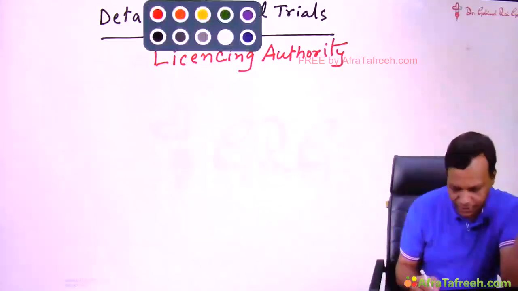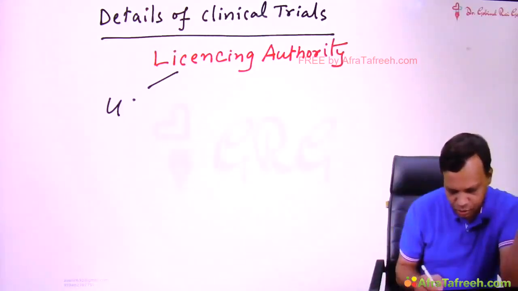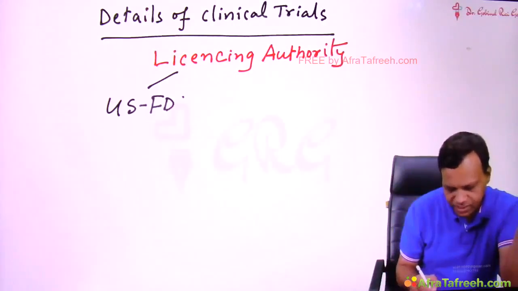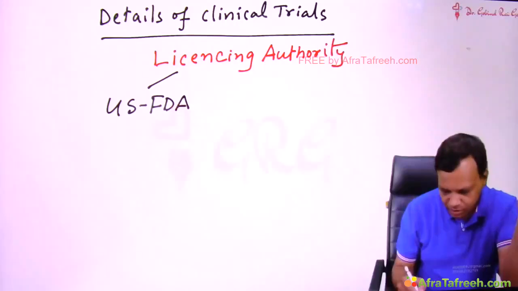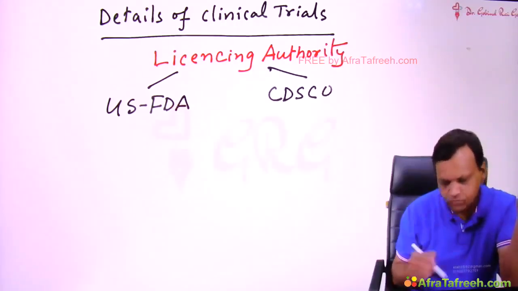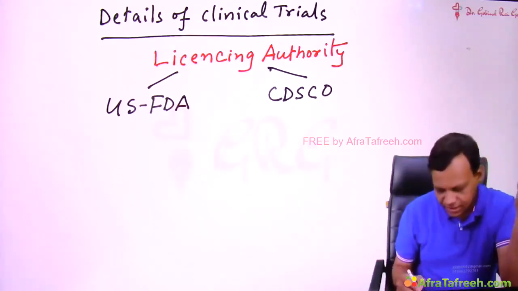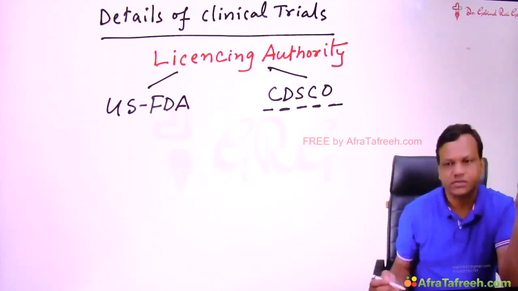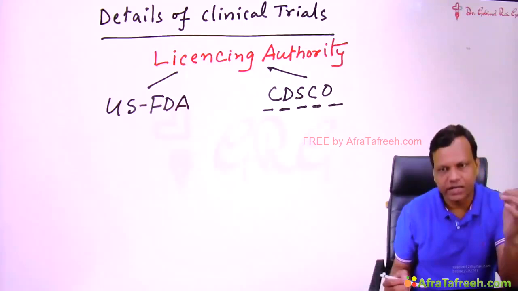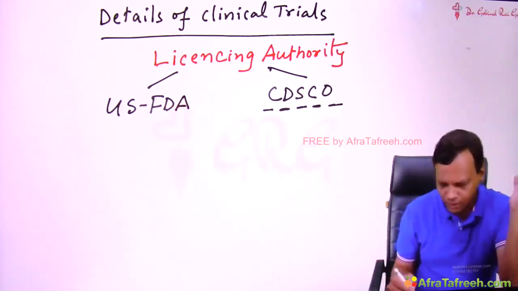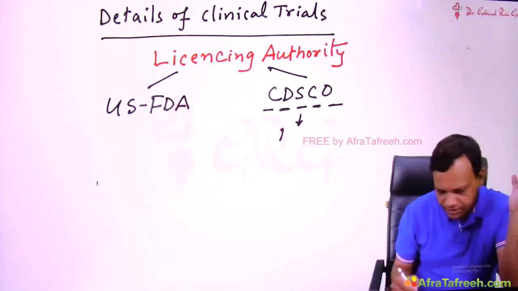In case of America, the name of the authority is USFDA, Food and Drug Administration. The similar authority in India is CDSCO, Central Drug Standards Control Organization, and it is headed by DCGI, Drug Controller General of India.